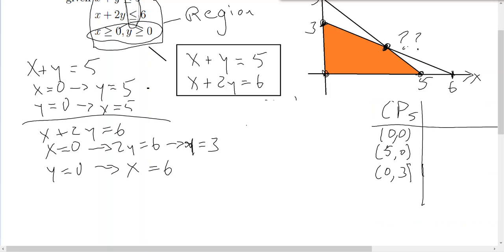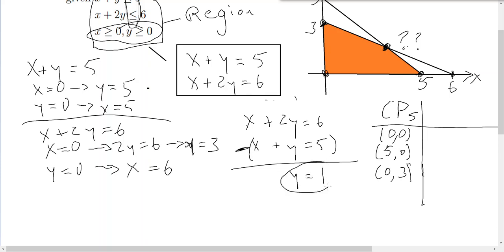I can do that by elimination, subtract one equation from the other. So I'm going to subtract in this order, like that. So x minus x gives me 0, so that eliminates the x. And then 2y minus y is y, and then 6 minus 5 is 1.